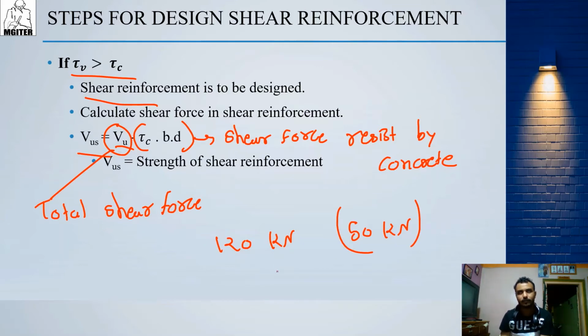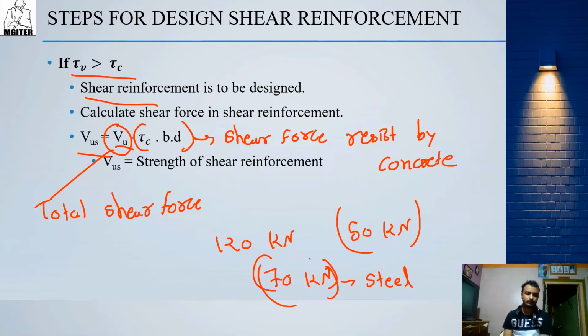At that time, the 70 kilonewton force will be resisted by the steel. And at that time we have to design the shear reinforcement for 70 kilonewton. Okay, understood?